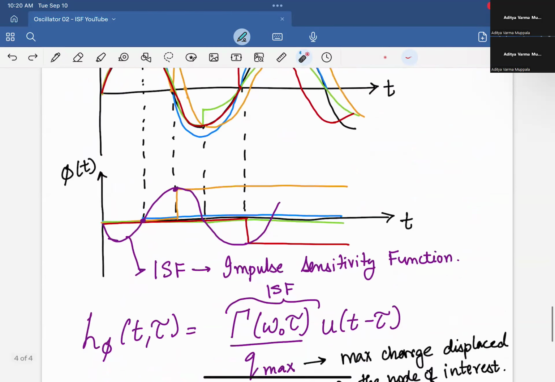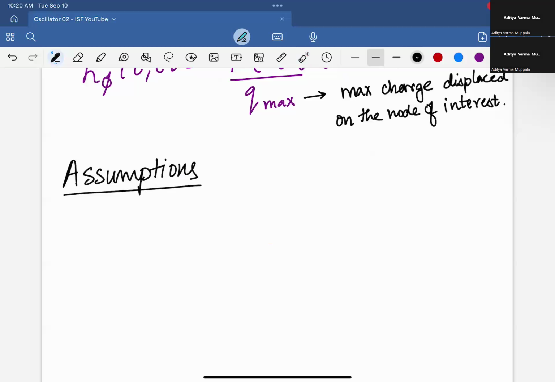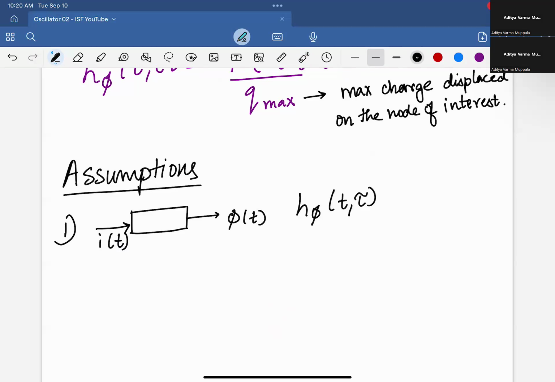Okay. We made two big assumptions here, so let's clarify them. The first big assumption is that this system going from i of t to phi of t, which is characterized by this impulse response h_phi of t comma tau, is linear.